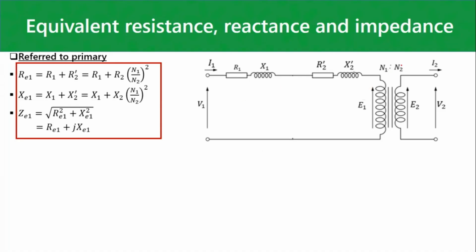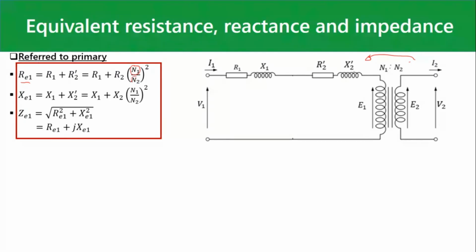We've referred our values from the secondary to the primary, and now we merge them. RE1, the equivalent resistance, is R1 plus R2 prime. So R2 prime is R2 times the turns ratio squared. So we refer to primary, therefore primary on top here.